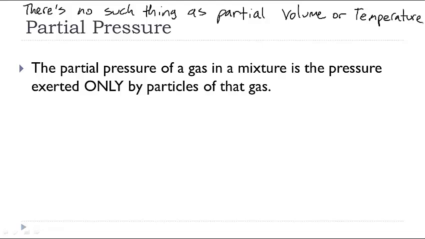That just wouldn't happen. So temperature and volume apply to every gas in the mixture. Thing I want you to know about partial pressure is the partial pressures of all the individual components will add up to the total pressure.